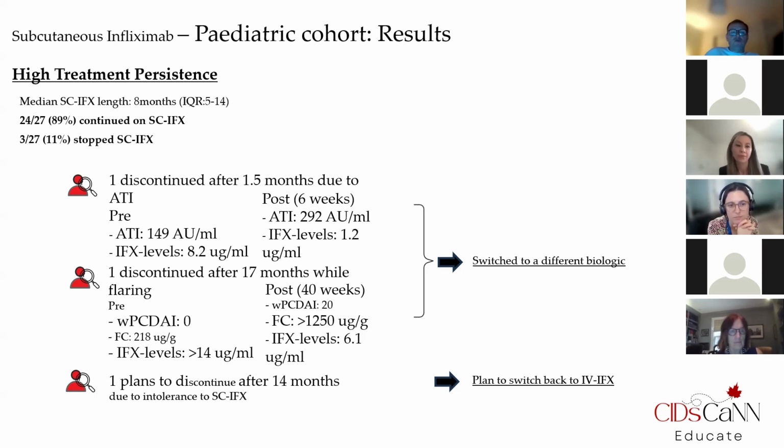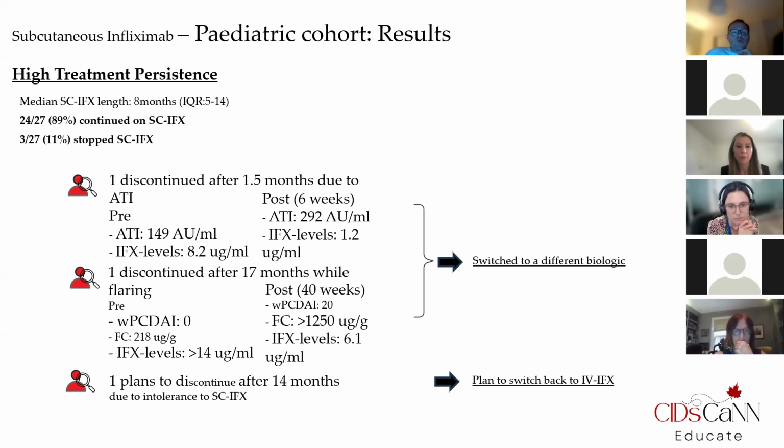So this first patient had immunogenic loss of response starting before we did the switch. So we were always going to fail with that patient. So that's a lesson: get your level and antibodies before you switch. The second patient was transitioned, and what I think the transition adult gastroenterologist should have done with this patient was to increase them to weekly rather than switch them out of class, which might have rescued them.